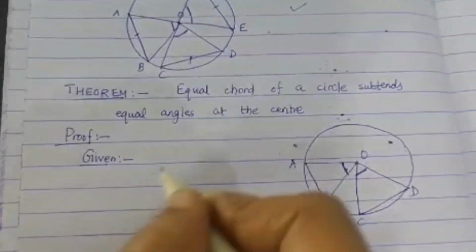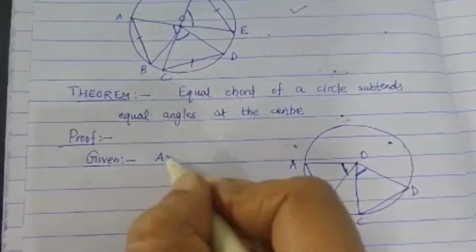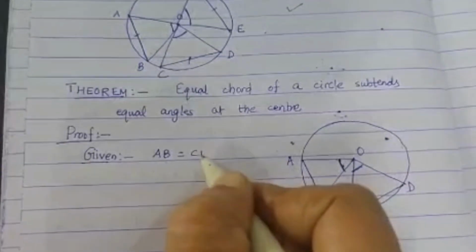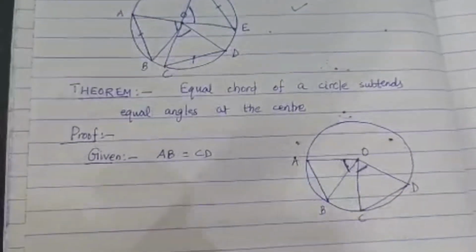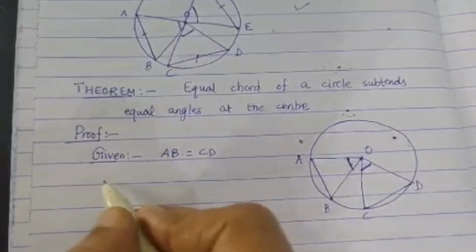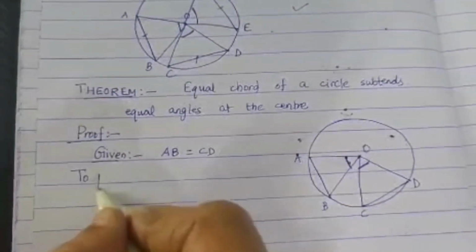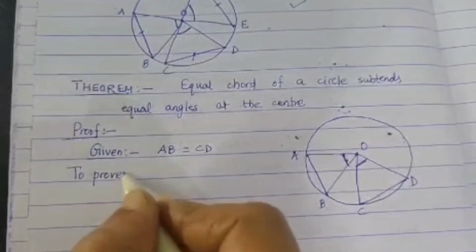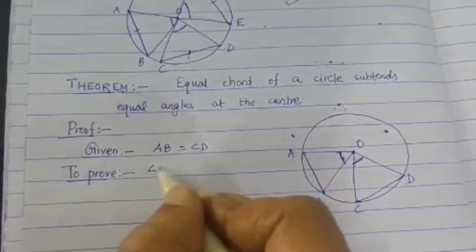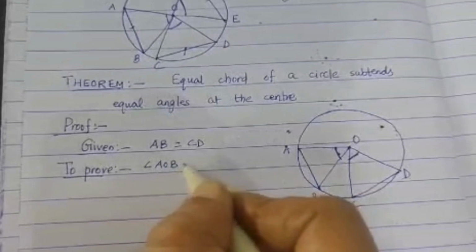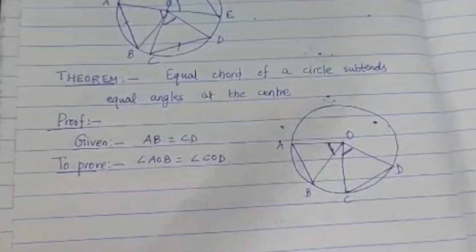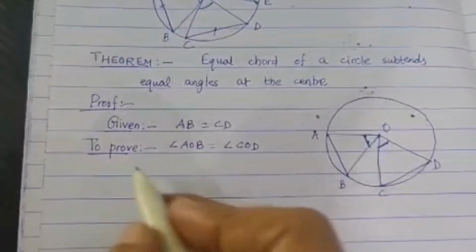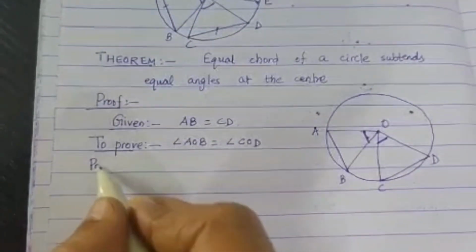Given is two chords AB and CD, AB equal to CD. These two chords are equal, and we need to prove that angle AOB equal to angle COD, that is the angle subtended at the center. Now let's do the proof.